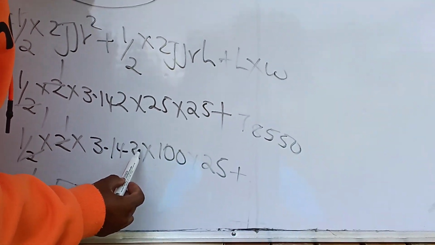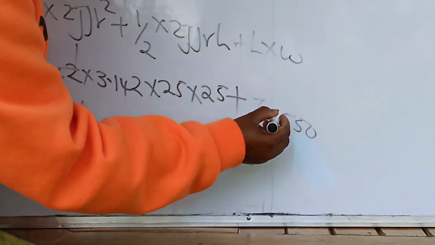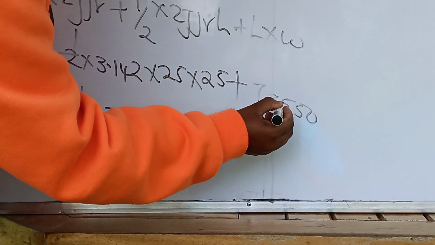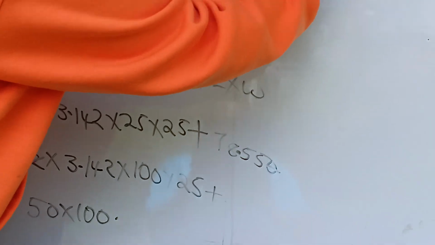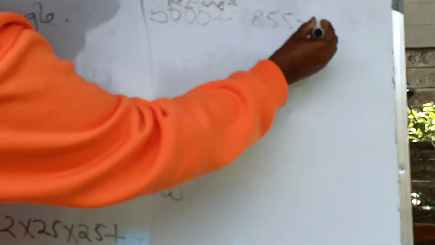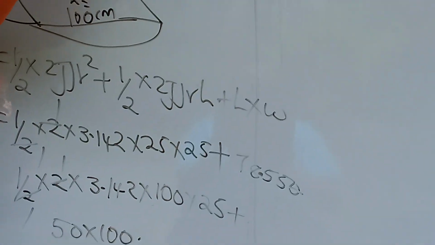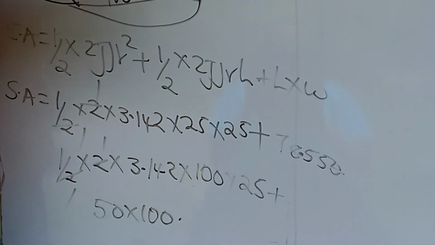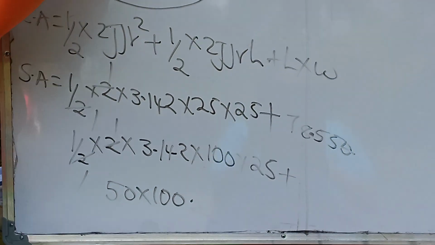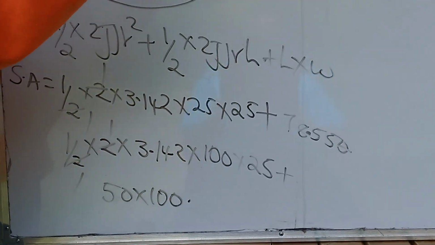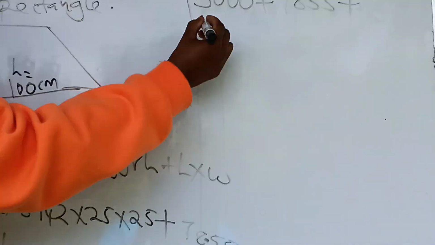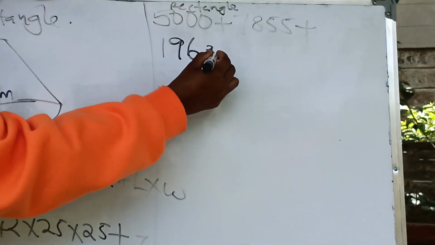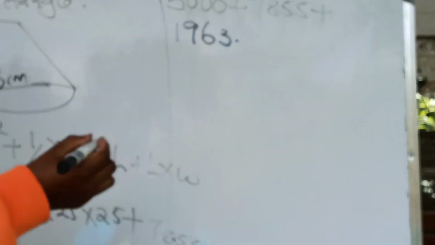And you remember we have 100. We have how many decimals? 1, 2, 3. We first insert the 3 and then we remove 1, 2. The 0 goes. So this one becomes 7855 plus. What is the area of the semicircle? What do you get? 1,963.75.